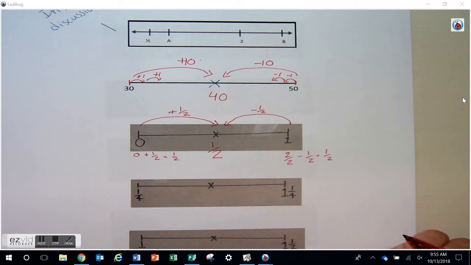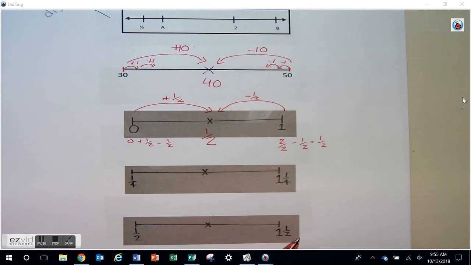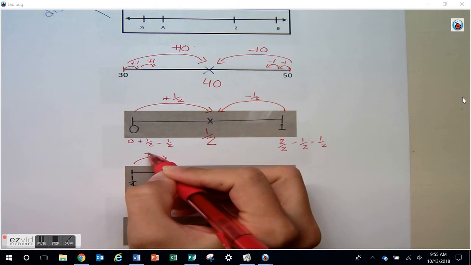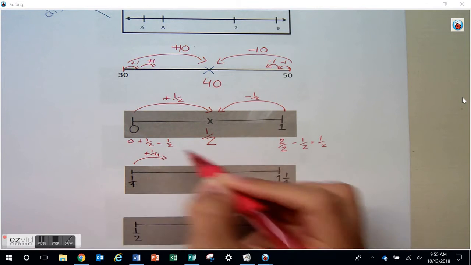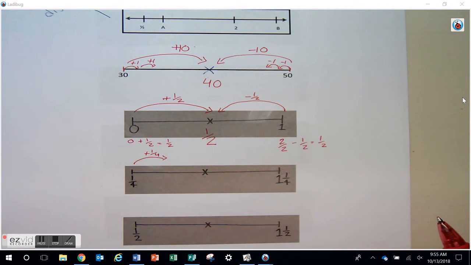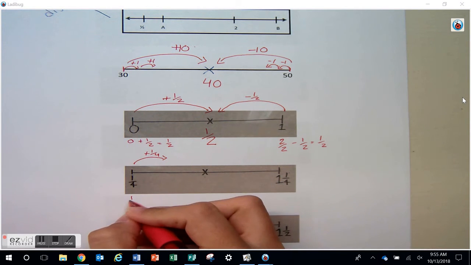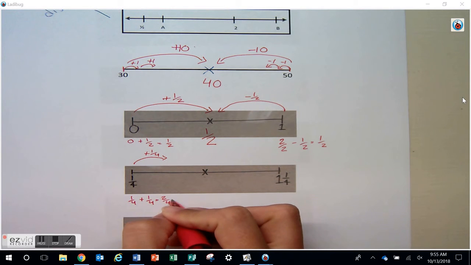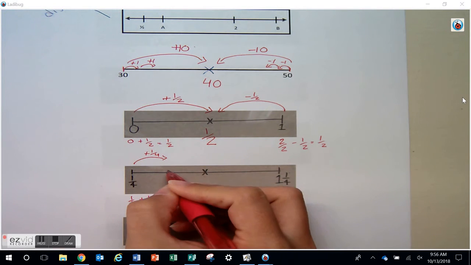Here we go. 1/4 and 1 1/4. Okay, so I'm going to add 1/4. Well, if I add 1/4 to 1/4, I get 2/4, also known as 1/2. Here's my 1 1/4.